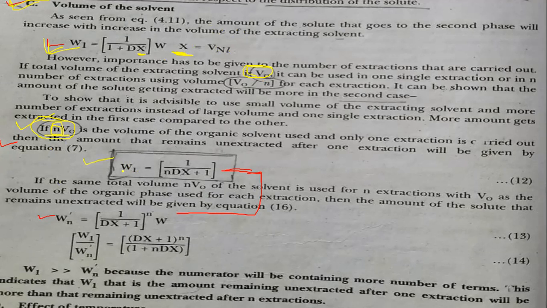So see what happened. This is the equation: W1 is equal to 1 upon (Dx plus 1) into W. As I told you, n is the number of extractions.